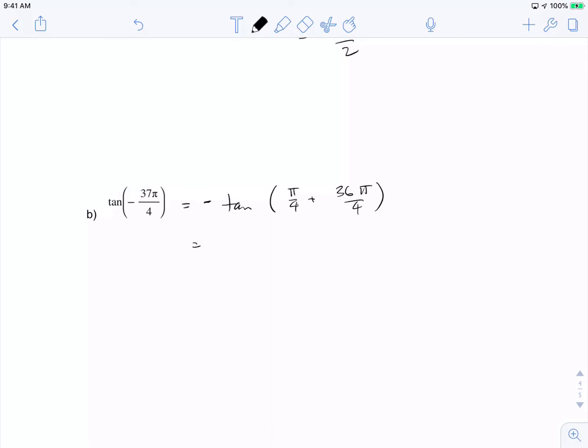I put the negative out front, negative tangent of pi over 4 plus 9 pi. And by remembering the period, we know that this is equivalent to negative tangent of pi over 4. And tangent of pi over 4 is 1. And so our answer ends up being negative 1.